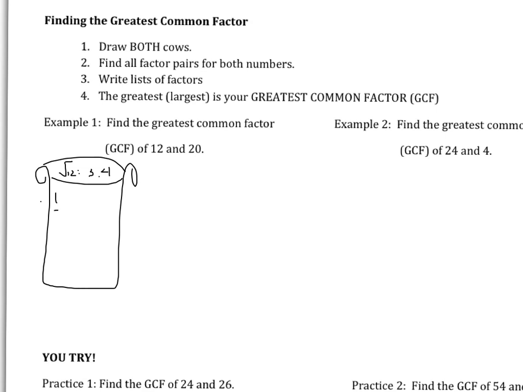So 1, 2, 3, 4. I'm going to divide up my numbers. 12 divided by 1 is 12, so 12 is a factor. 12 divided by 2 is 6, so 6 is a factor. 12 divided by 3 is 4, so 4 is a factor. And 12 divided by 4 is 3, so 3 is a factor.